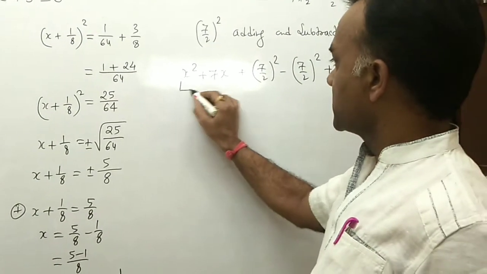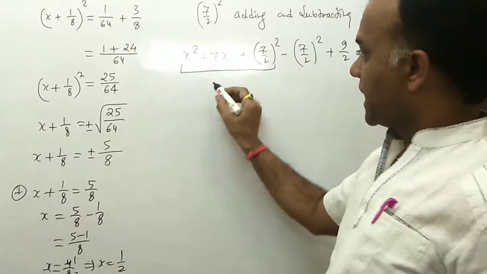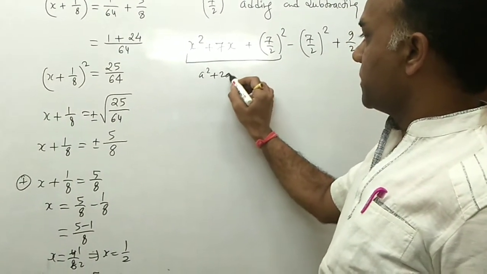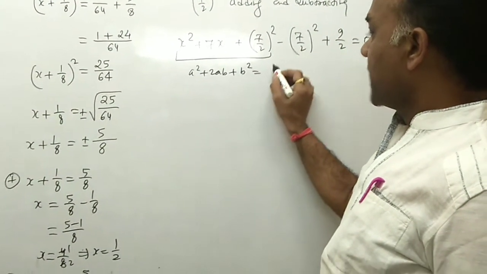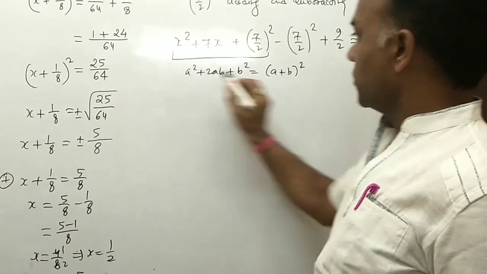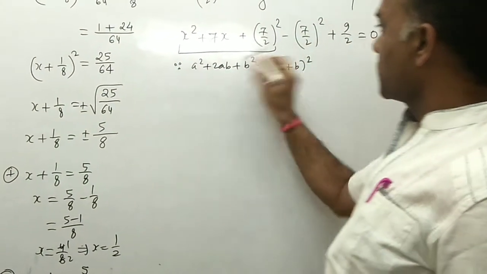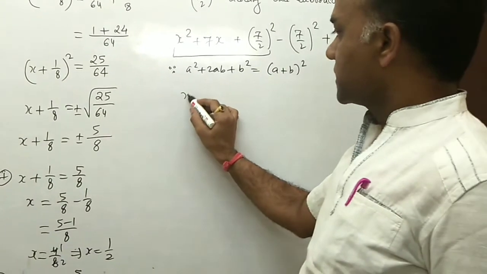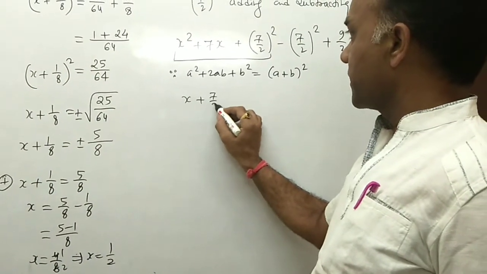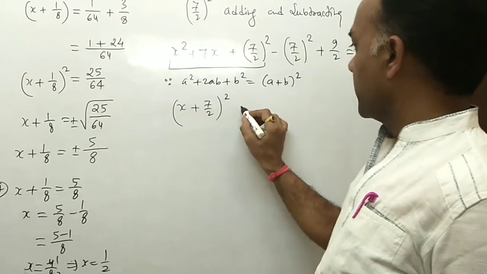Okay, so now these first three terms are again a square plus 2ab plus b square. That concept is related to the a plus b whole square. You use the formula, and then it is converted into x plus 7 by 2 whole square.